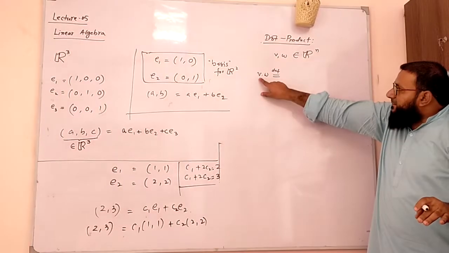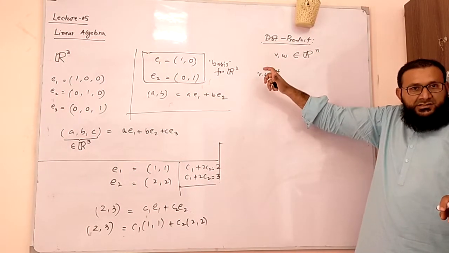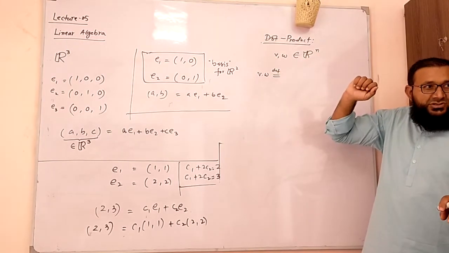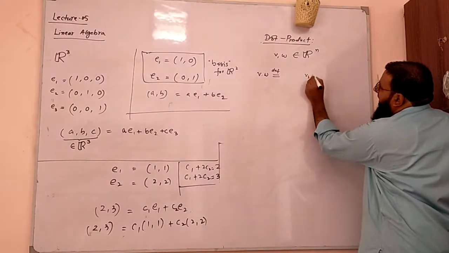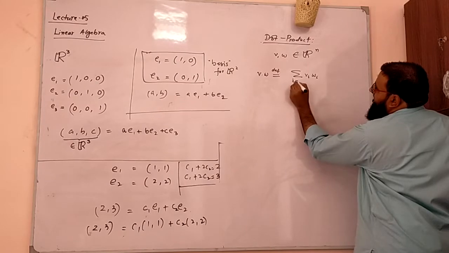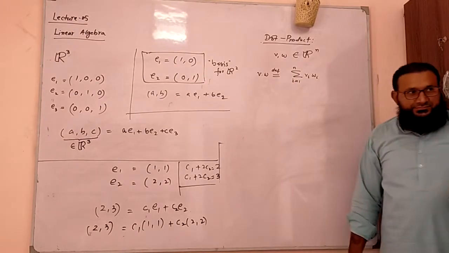Take the first component V1, first component W1, multiply; V2 W2, V3 W3, and then add these all. This is going to be the dot product. In compact form you can write it as Vi Wi multiplied, and you take their sum from 1 to n, and this is by definition.